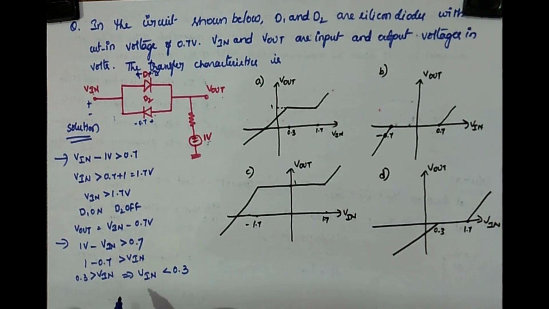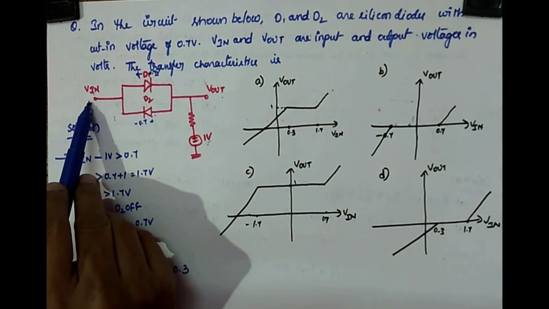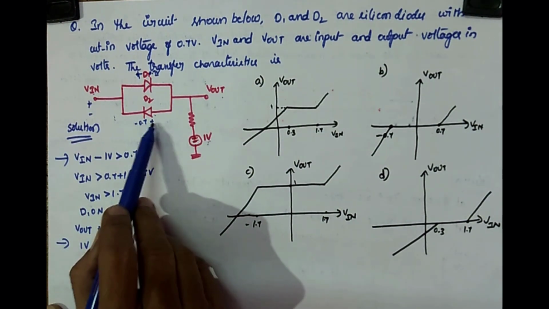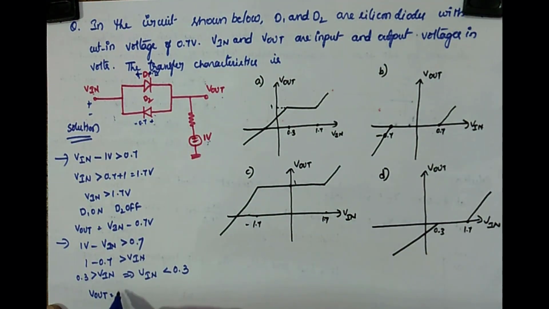Okay, then what about Vout now? Vout, again the same. The second terminal plus Vn, that is equal to Vout. So Vout is Vn plus 0.7.